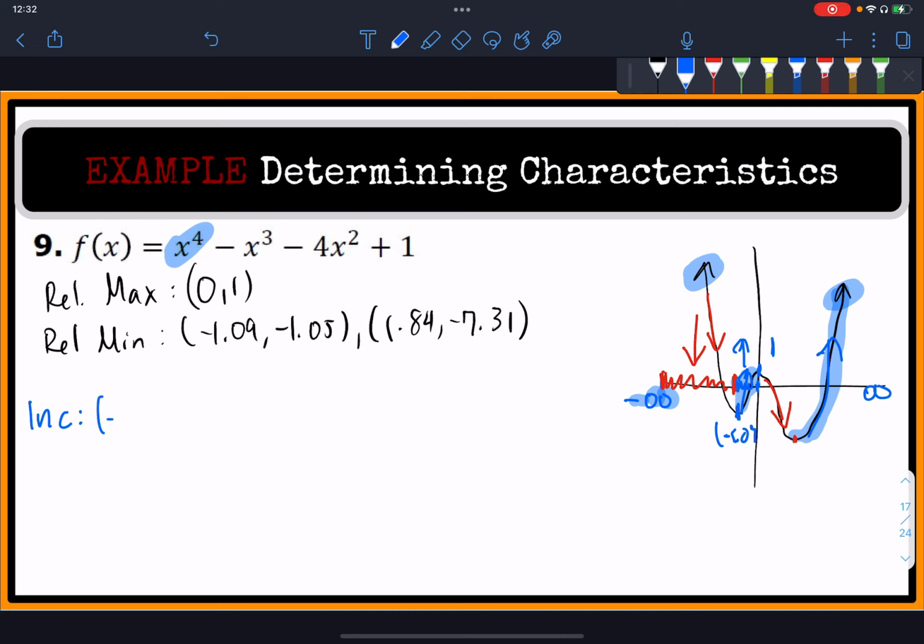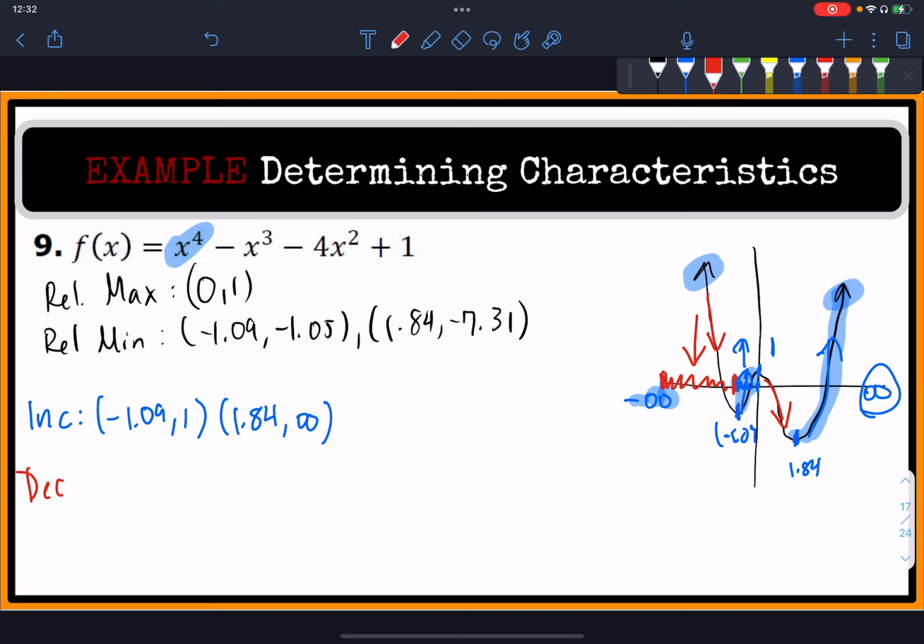So we're increasing from negative 1.09 to positive 1, and then we're increasing from this minimum point all the way to the far right, where the x value is 1.84. So from 1.84 all the way to positive infinity.